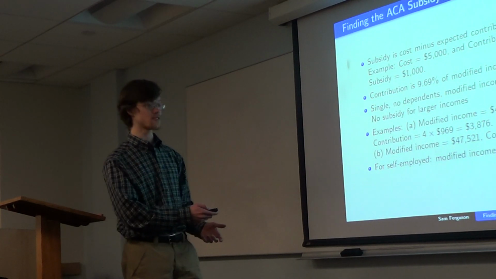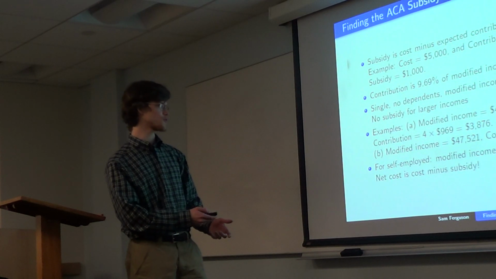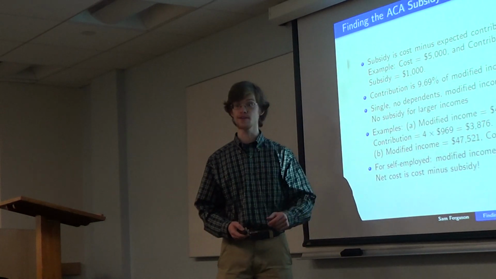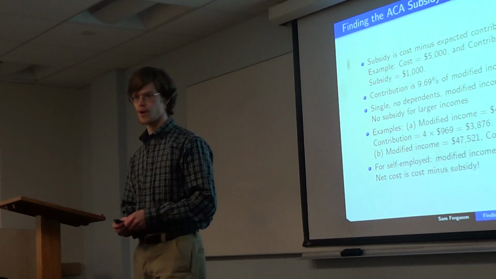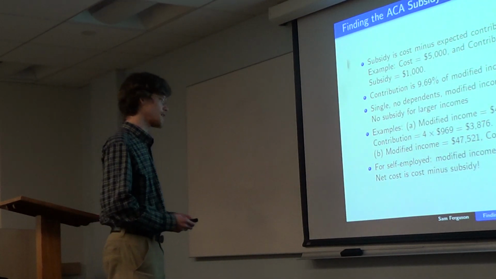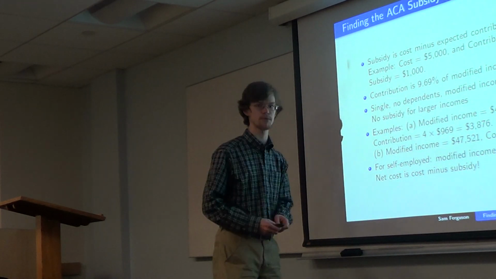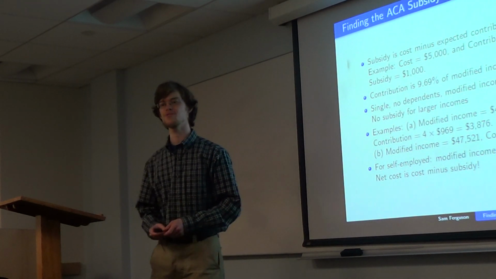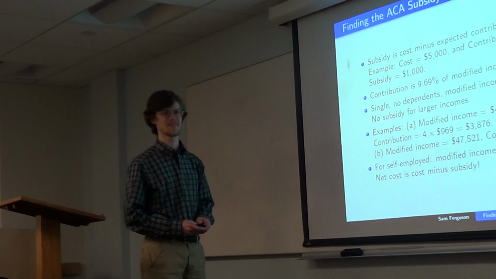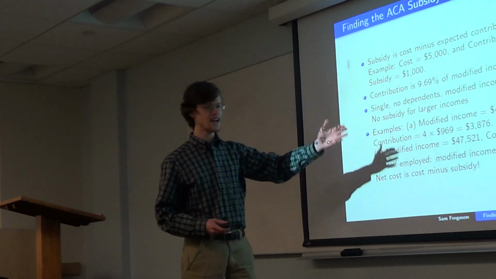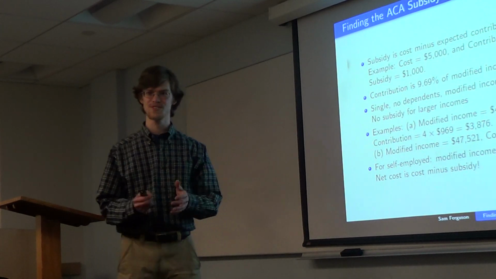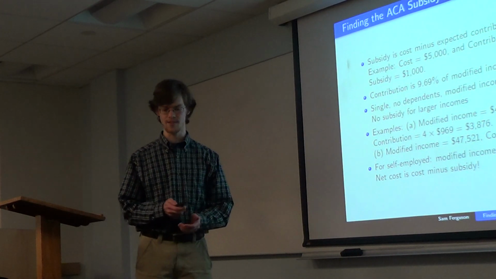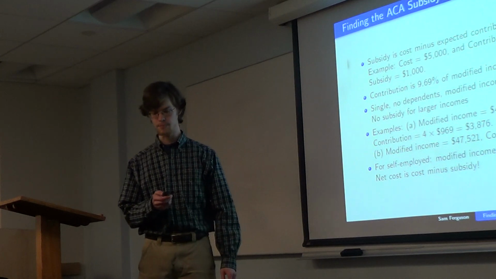The true number is going to depend on the net health insurance cost, which is the cost minus the subsidy. So you can see, this is an unsolved mathematics problem. For the past 3 years, no government agency and no tax software has been able to consistently and accurately give subsidies for self-employed people. Because at the beginning you want the subsidy, and at the end you need the subsidy. Okay? For very simple tax returns, you can often guess and check and get the right answer, but for complicated returns, it cannot be found.